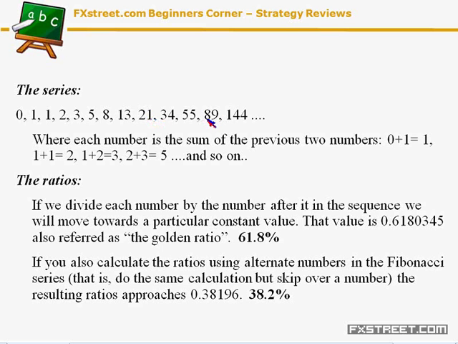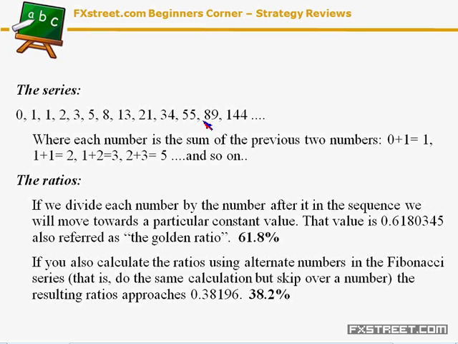With this series of numbers, you may see that each number is the sum of the previous two, right? 0 plus 1 is 1, 1 plus 1 is 2, 2 plus 1 is 3, and so on, right? Now, if we take the ratio of two successive numbers in the Fibonacci series, that is, we divide each number by the number after it in the sequence, we will move towards a particular constant value, right?